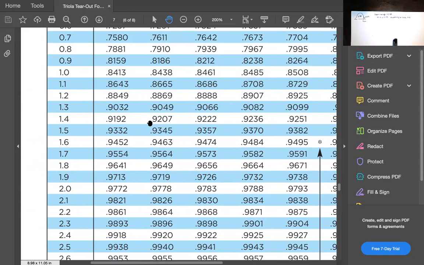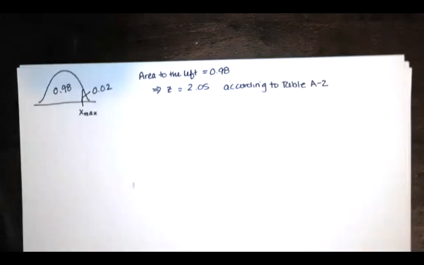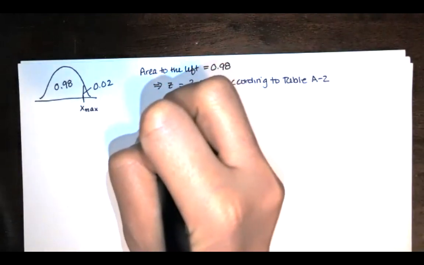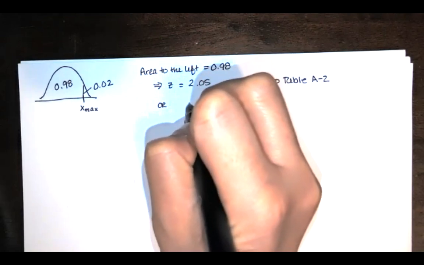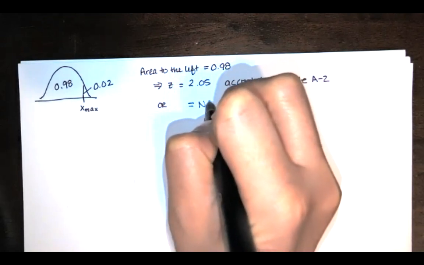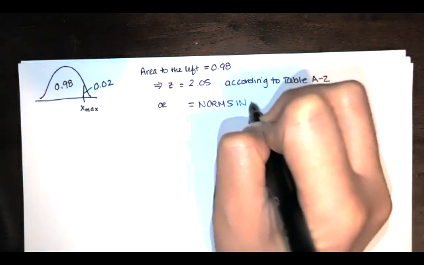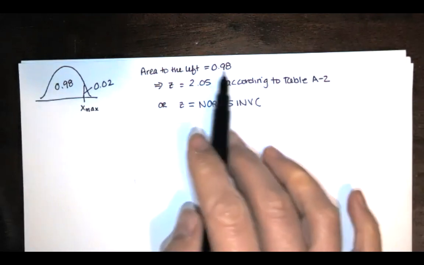Now the other option is to use Excel. So we want the area. You're going to type equals NORM.S.INV, and then you want the inverse of this area.